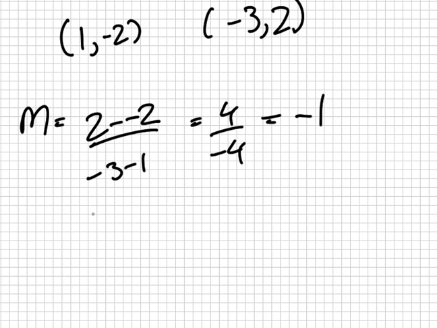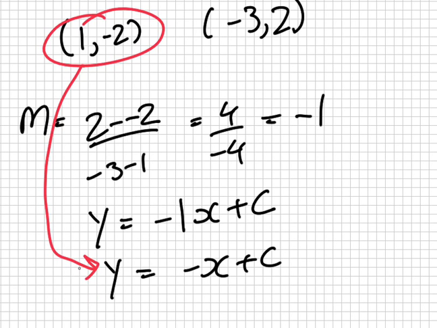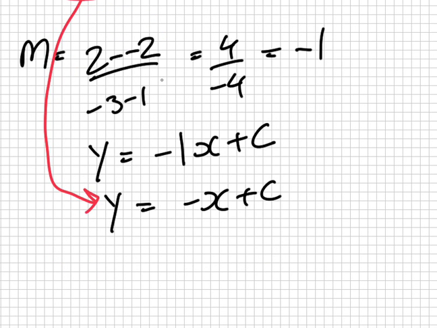So I have y equals minus 1x plus c. Or in other words, y equals minus x plus c. All right. Which point should I use? 1, minus 2. Yeah. So using this point, 1 and minus 2.